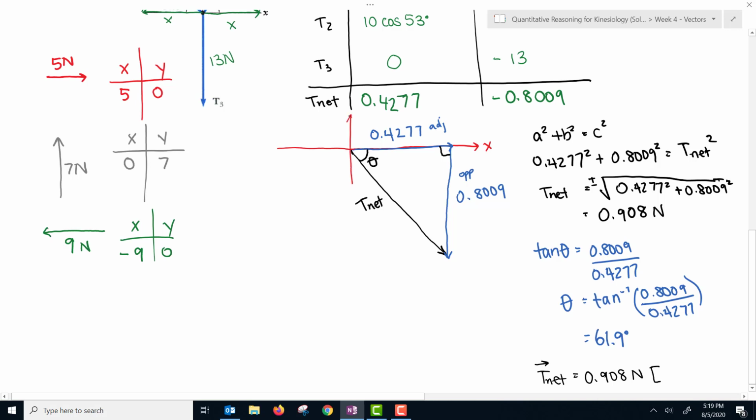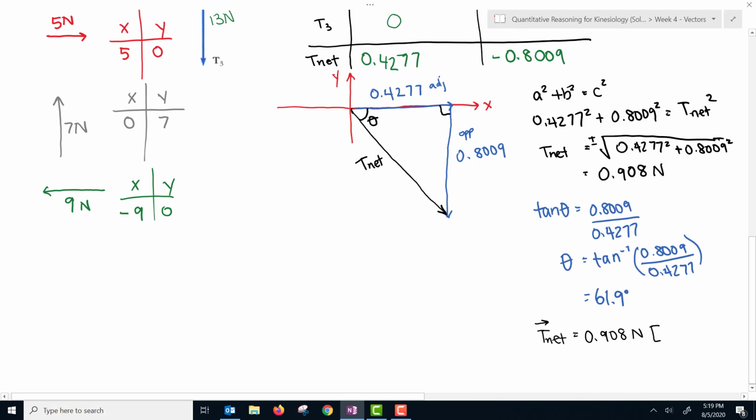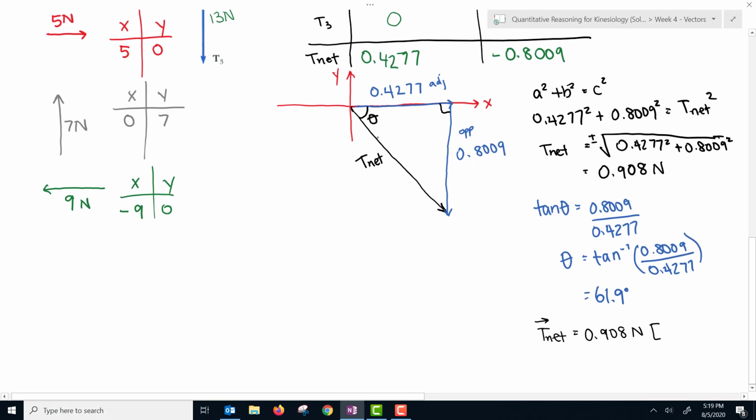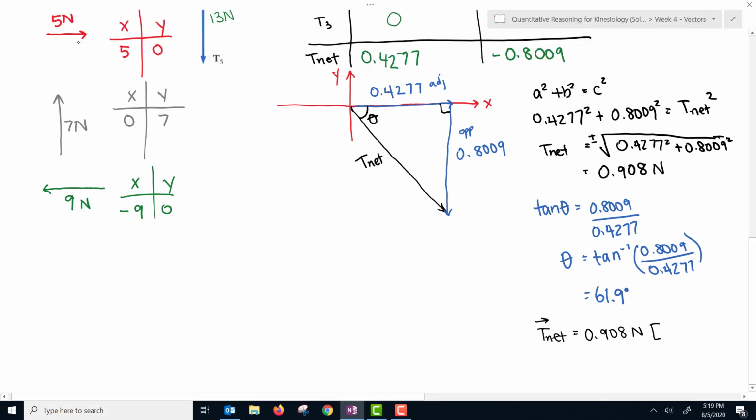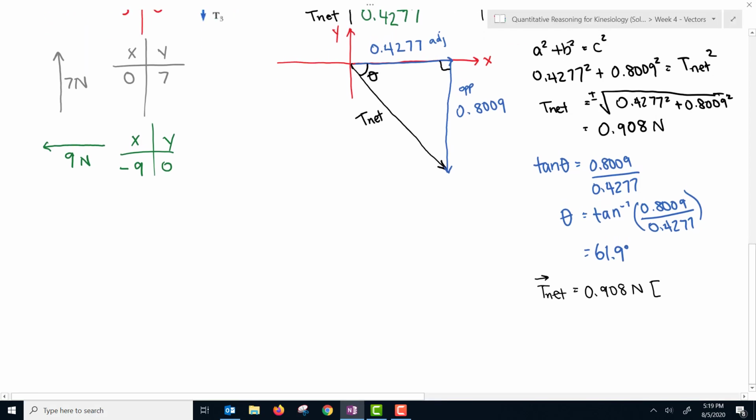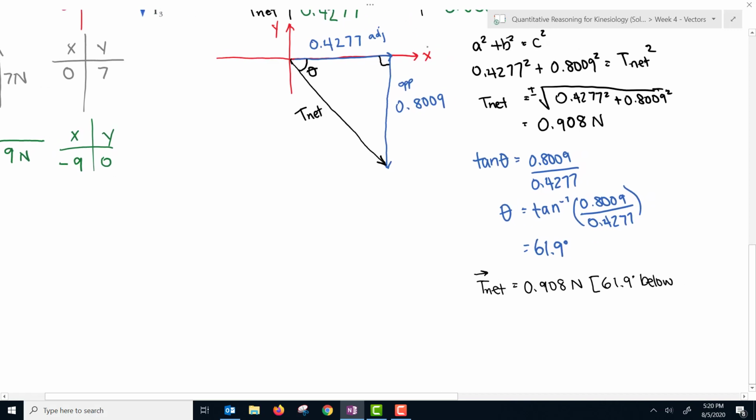This would be my y-axis. So this is the direction we're looking for here, the direction of this net force, the T net, T for tension, which is a type of force. So my T net is equal to 0.908 newtons. And now because I can't say northeast, southwest, I have to say the angle, which was 61.9 degrees. Now, is this above or below an axis? It's below. And which axis is it below? It's the positive x-axis.